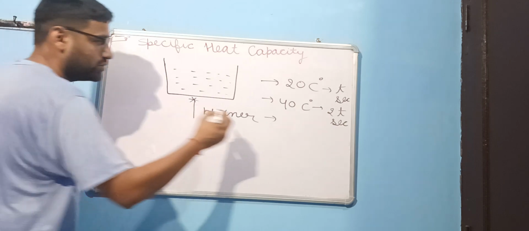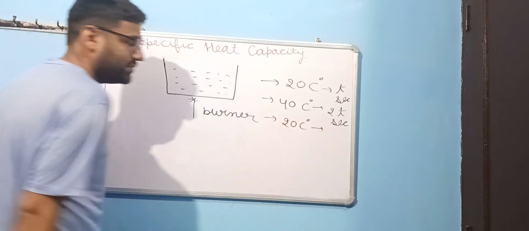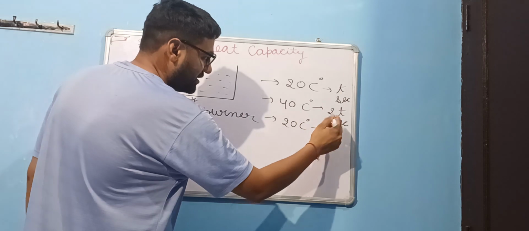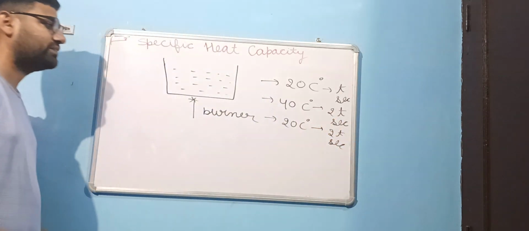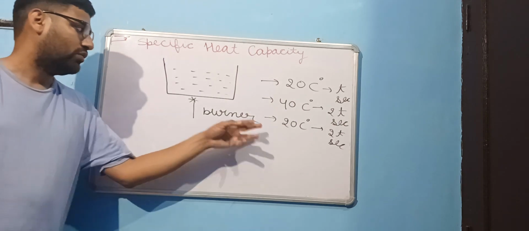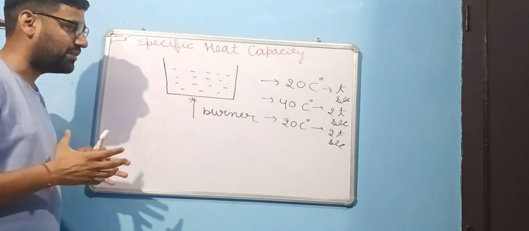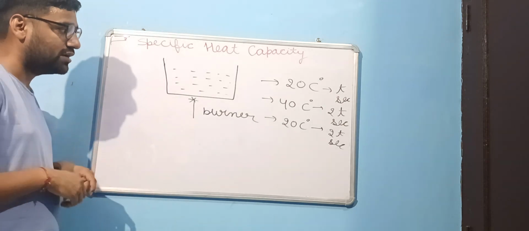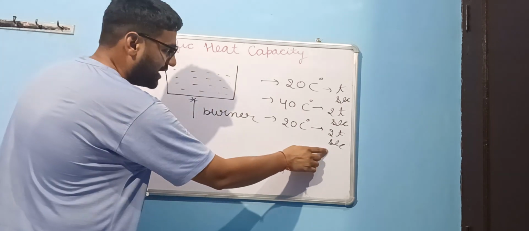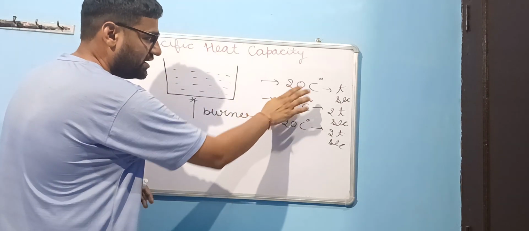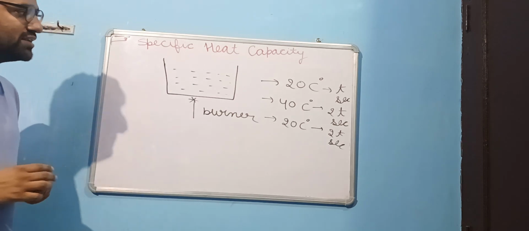We see that to raise the temperature by 20 degrees Celsius, the time is 2t seconds. So when we take the mass of water in double amount, the time taken to reach 20 degrees Celsius is double the time it initially takes to raise 20 degrees Celsius.